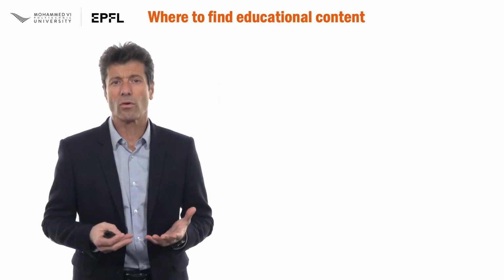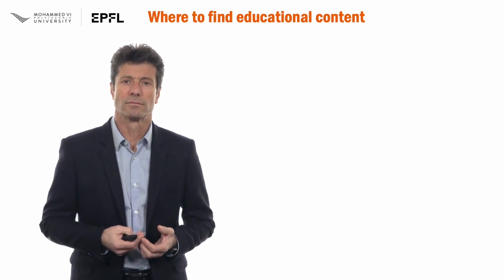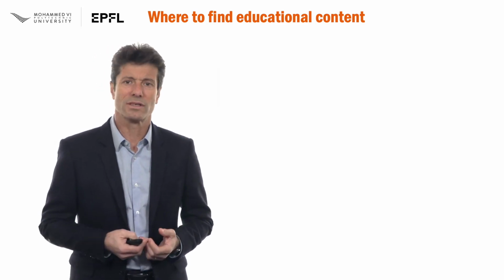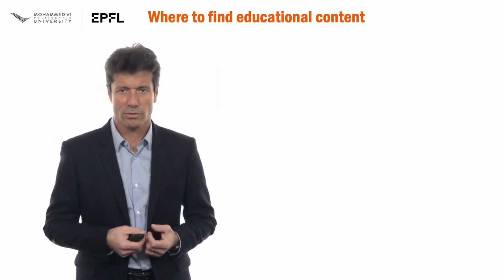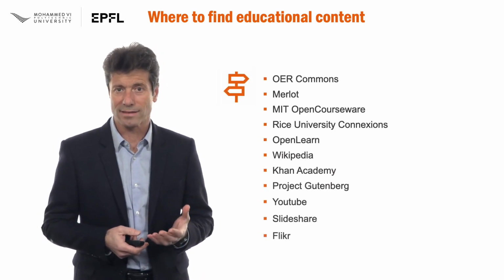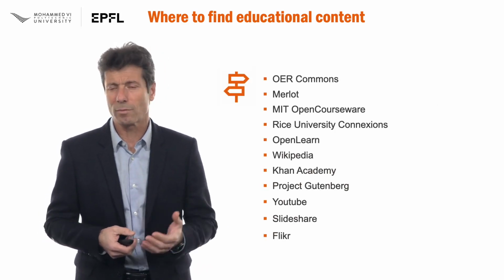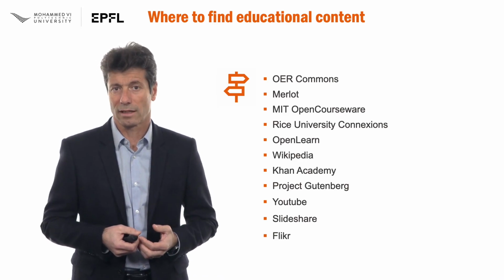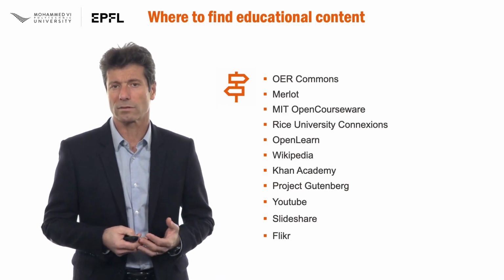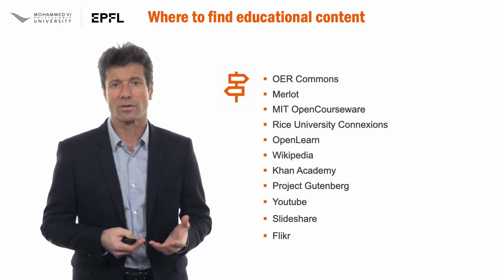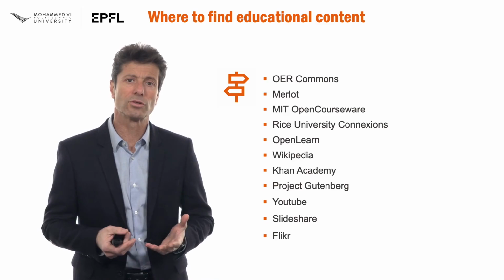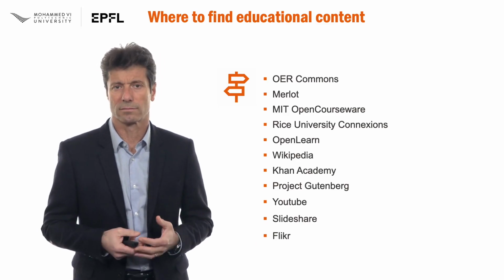So where to find all this educational content? OER is readily available on the internet, though it's not always easy to identify the best possible sources. A list of valid repositories with the access address is provided in the complementary material. These include repositories such as OER Commons, Merlot, MIT OpenCourseWare, Khan Academy, Project Gutenberg, and YouTube educational channels.